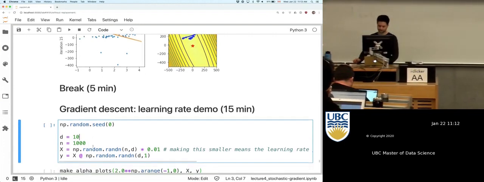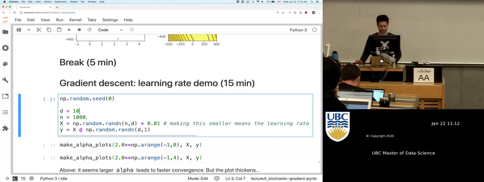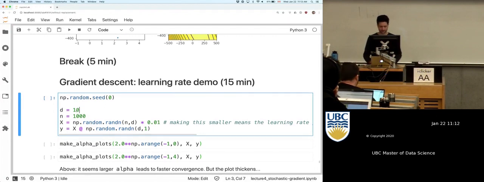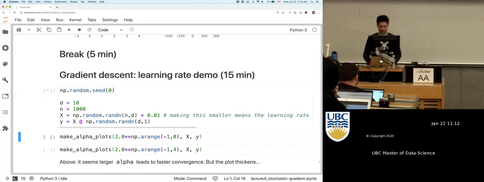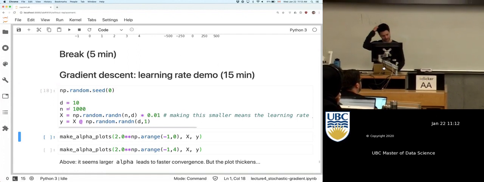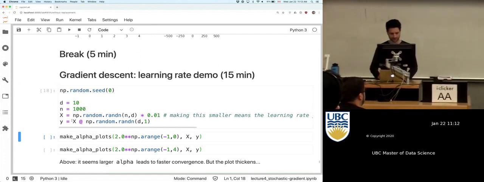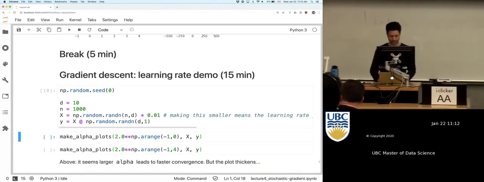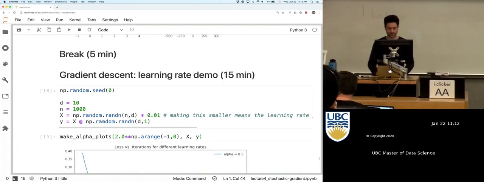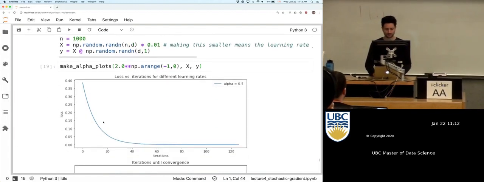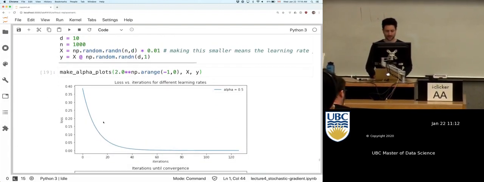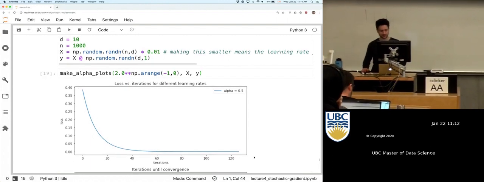So I just made up some random data, in this case in 10 dimensions. And this is linear regression again. And I just made some plots showing, so first the loss versus iterations, we just saw that.